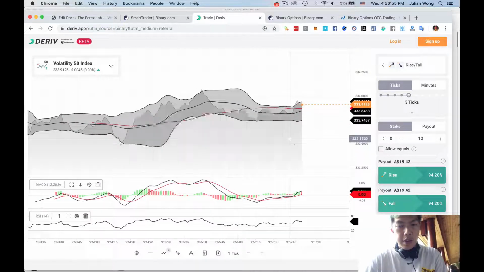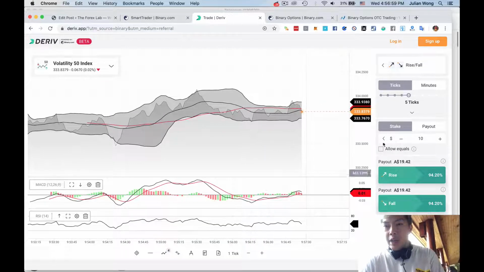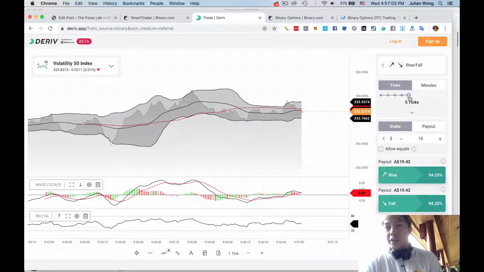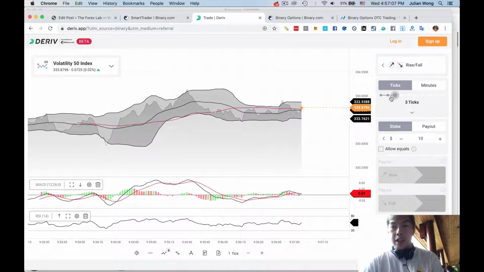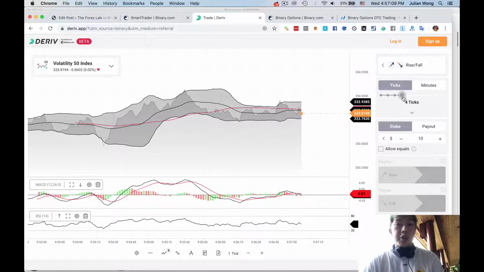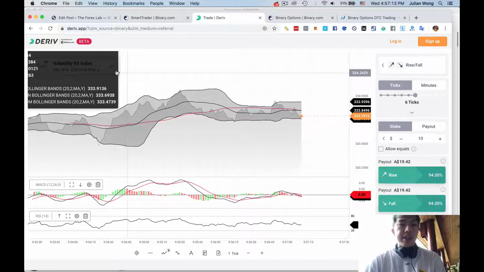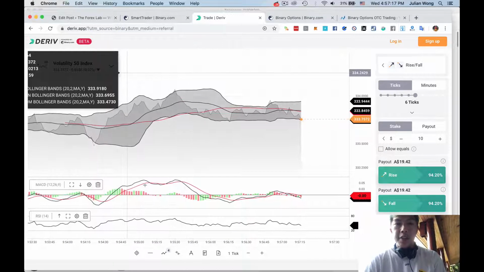If you're looking at the volatility indices, you'll notice this is on ticks, and there's a very good reason for that, because it's all based on ticks. You can select the amount of ticks you want, and basically decide your trade length based on that. How these indices are different is that they have a different rate of ticking.